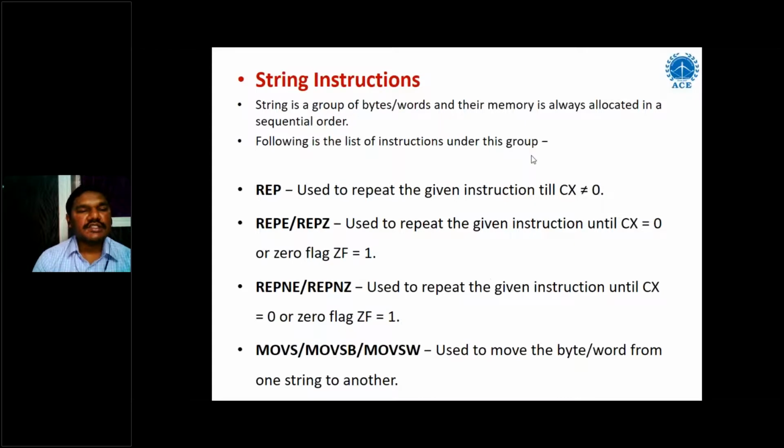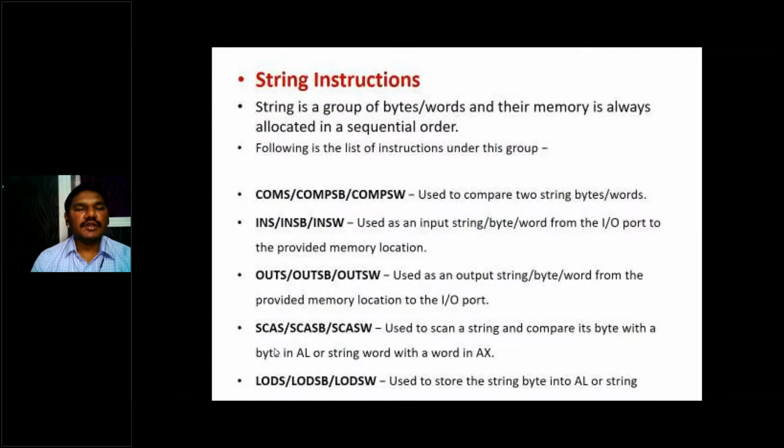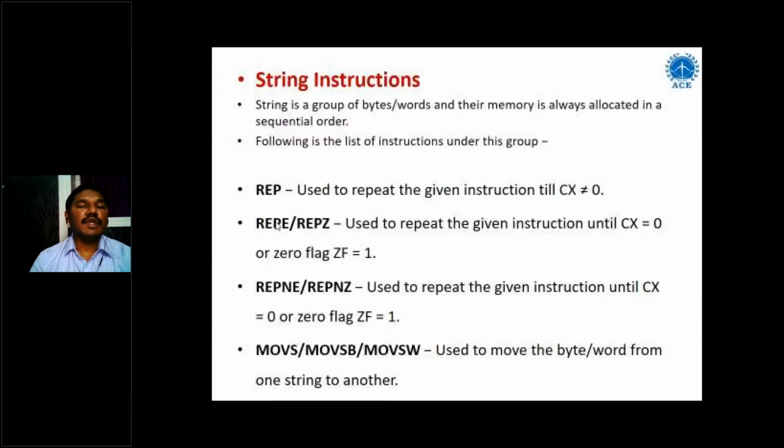And these string instructions use repeat-based instructions, moving of strings, comparison of strings, loading of the string and scanning of the string, and input and output based instructions can also have string instructions.